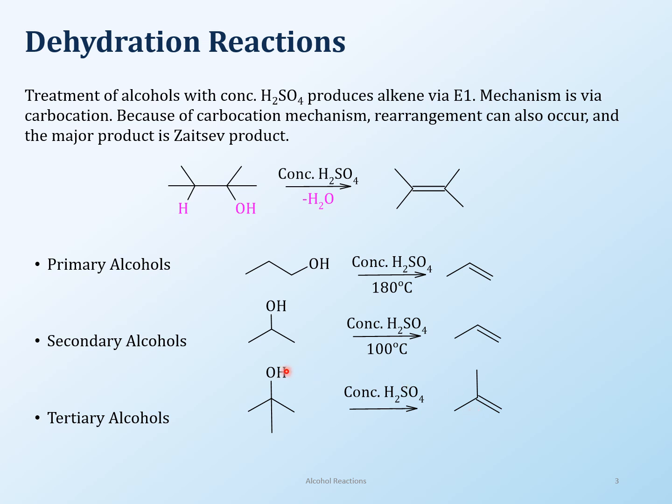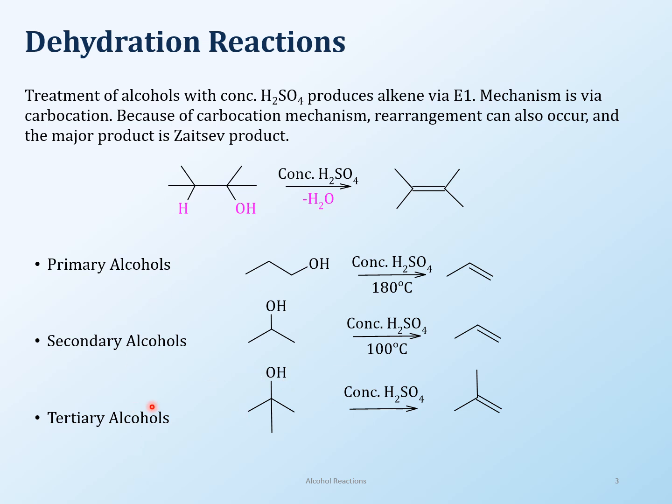This kind of condition is what led scientists to believe that it's an E1 mechanism. Remember, there's E1 and E2 mechanisms. For alcohols, it's generally considered to be an E1 mechanism, especially in the presence of acid. And here, all the conditions are acidic conditions.